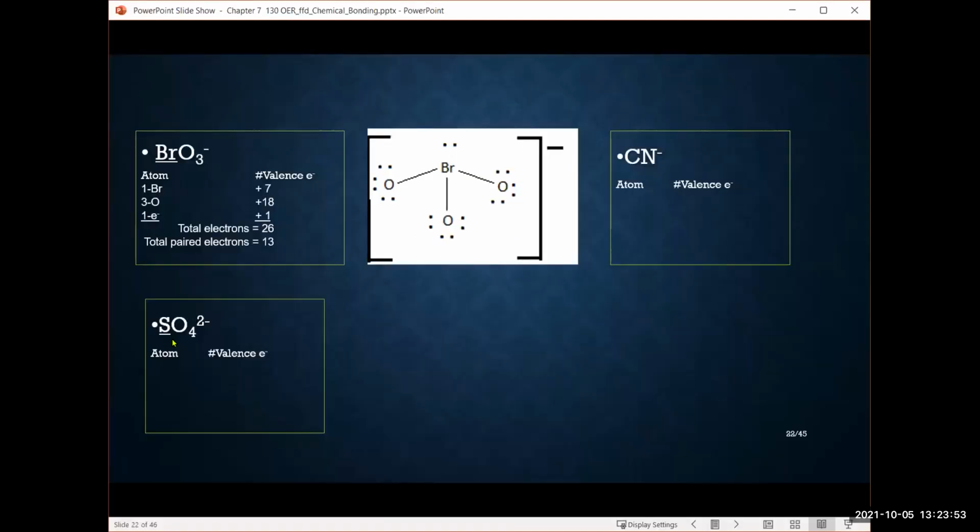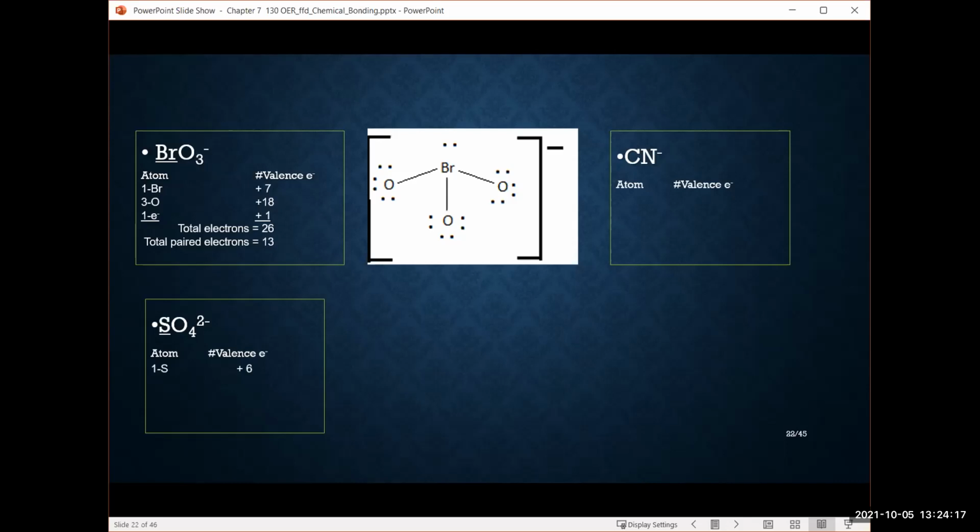Sulfate, SO4. That's called sulfate. Top one is called bromate. This is sulfate. It's one of the polyatomic ions on your table. Okay. Sulfur is the central atom, and it has a -2 charge. It's an anion, so we're going to add 2 to our final count of valence electrons.